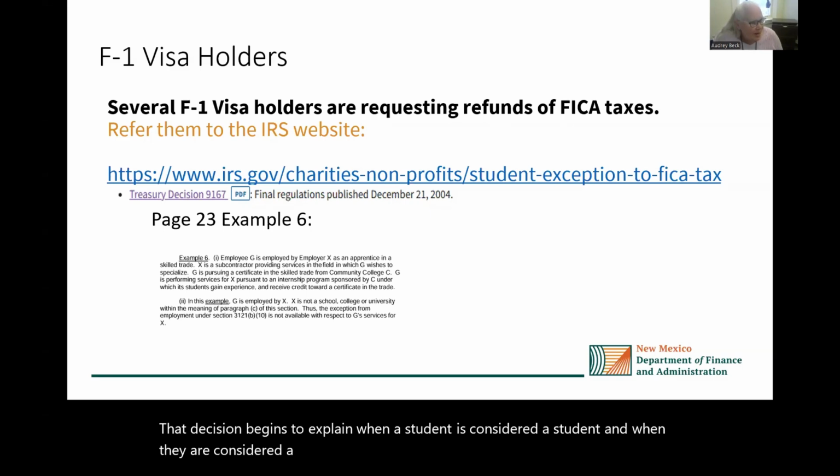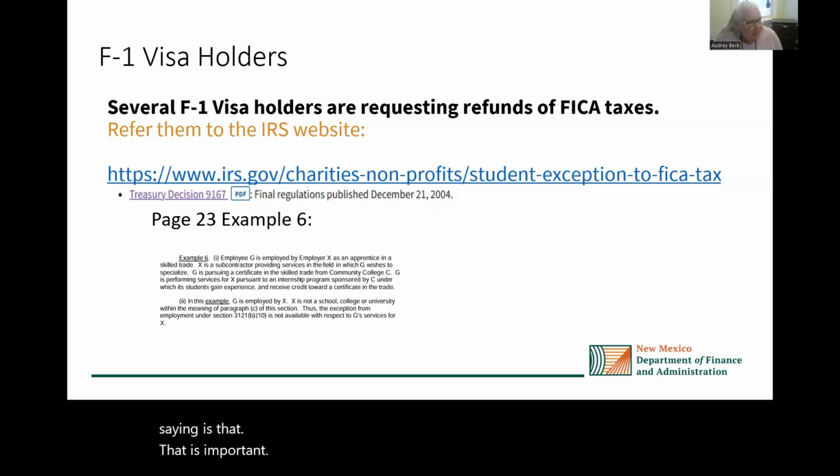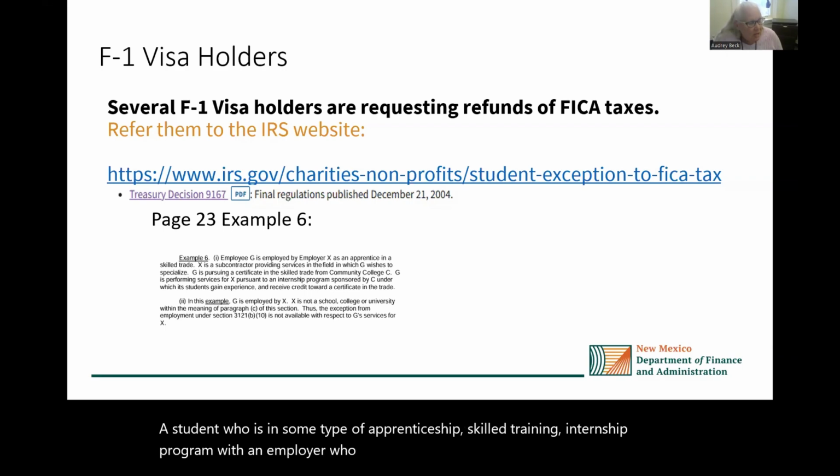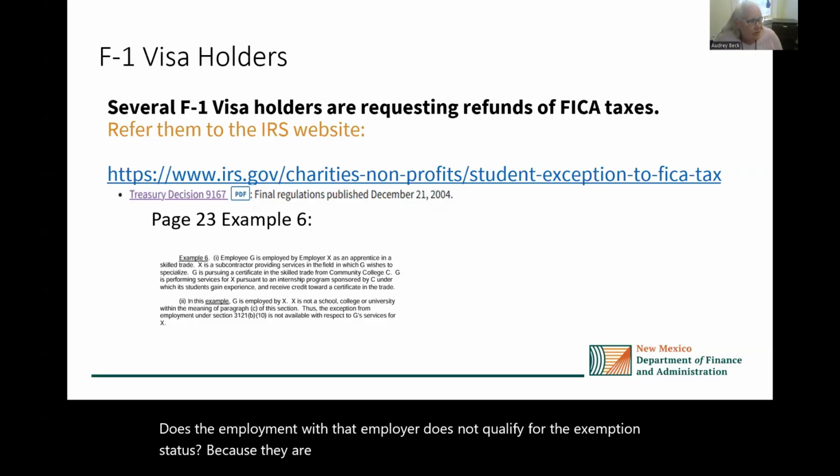Also on page 23 of that PDF, example 6 is the example that I would refer them to, because you will notice that example is saying that a student who is in some type of apprenticeship, skilled trade, or internship program with an employer who is not a school, does not qualify for the exemption status because they are not part of the school or the university.